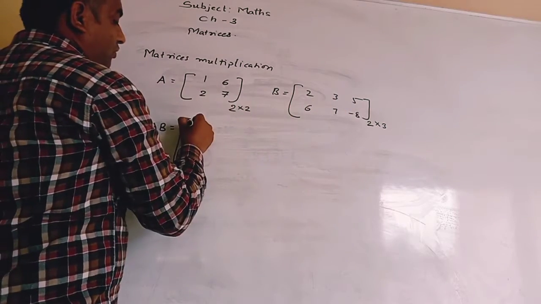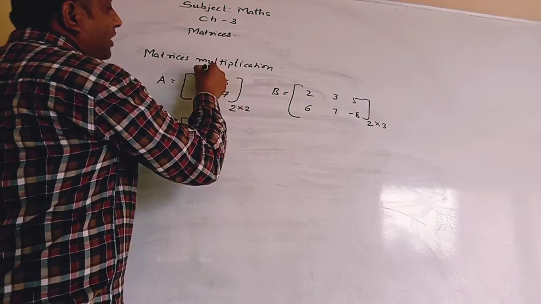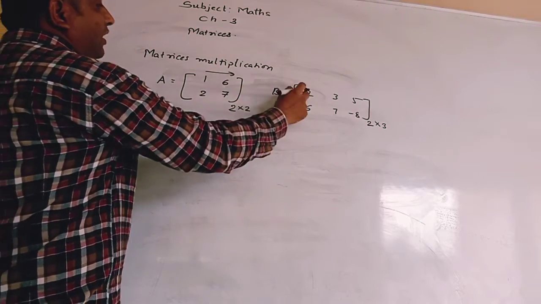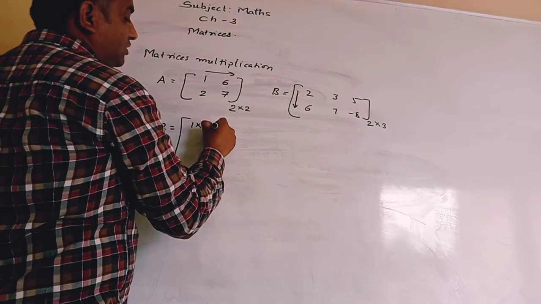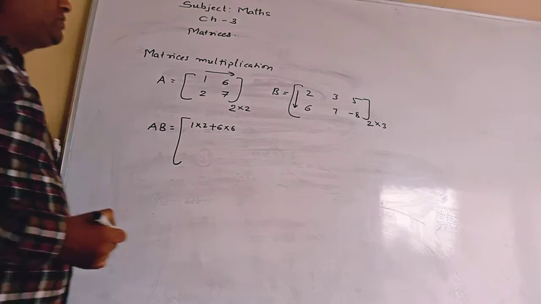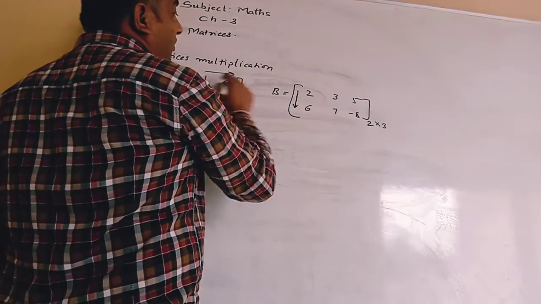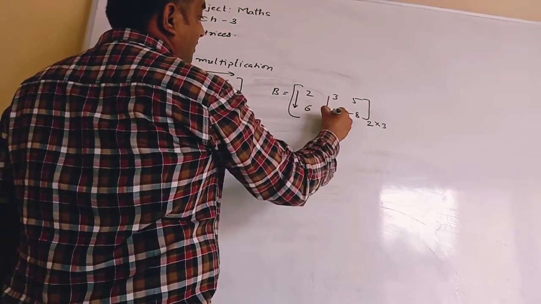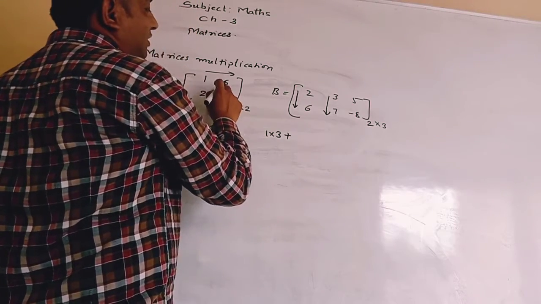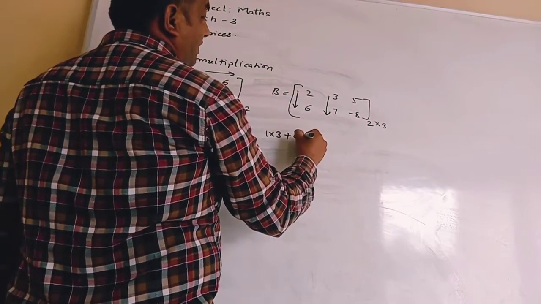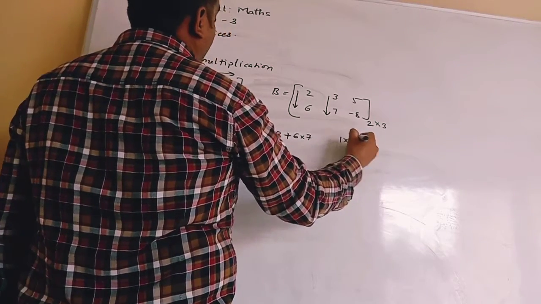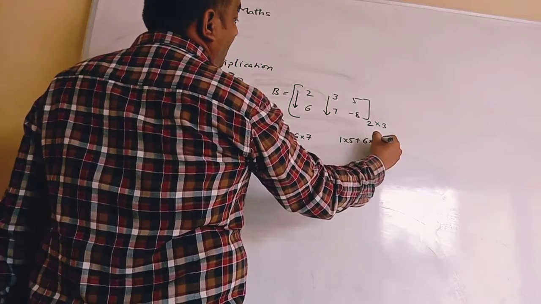1 into 2, here the row, and here the column. So 1 into 2 plus 6 into 6 gives the first element. Then 1 multiply 3 plus 6 multiply 7, 1 multiply 5 plus 6 multiply minus 8.